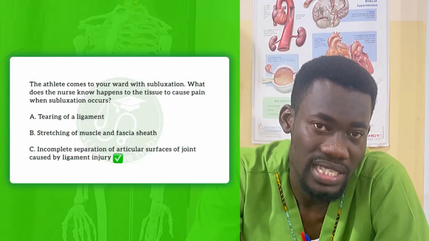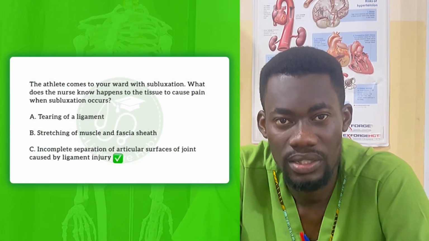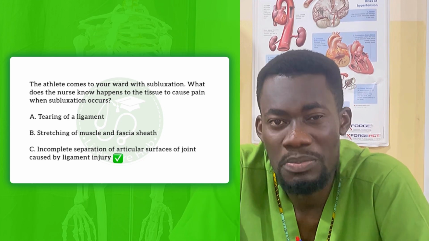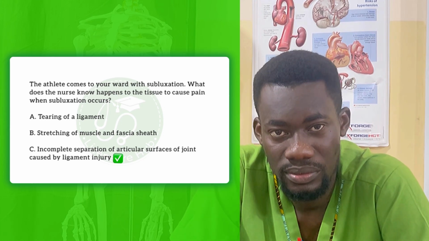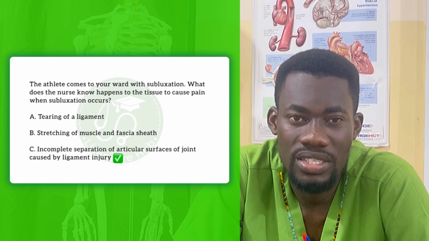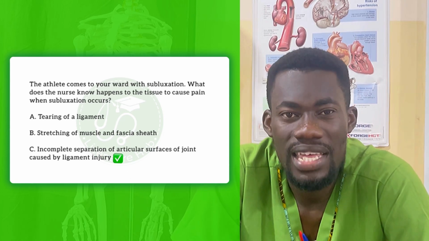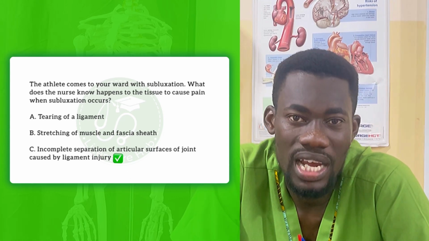So a joint is simply where two or more bones meet. And so where two or more bones meet and there has been an incomplete separation because of an injury, that is termed as subluxation. Let's look at option A. Option A is saying that tearing of a ligament. Tearing of a ligament is medically known as a sprain. So a tear in a ligament is known as a sprain, whilst a tear in a tendon is known as a strain.